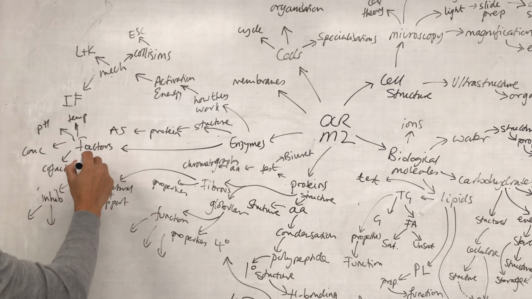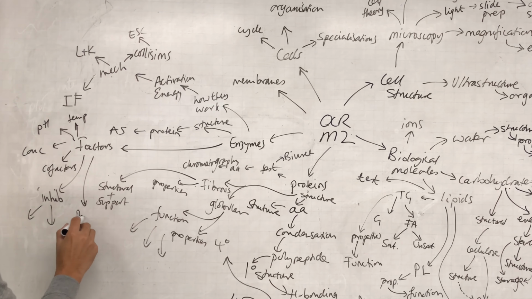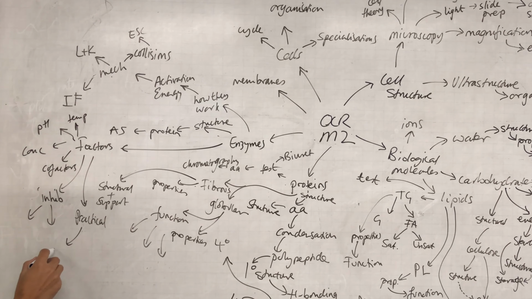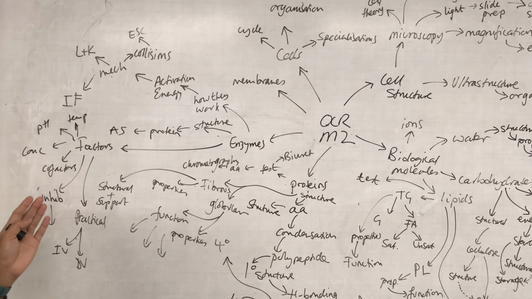But we can also investigate, practical. We can also investigate the effect of these different factors on the enzyme. Remember, with all the practicals, we have to have the independent variable, which will be the factor that you're investigating. We need to have the dependent variable, which will be how you are measuring your reaction.